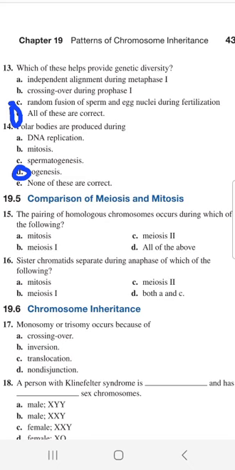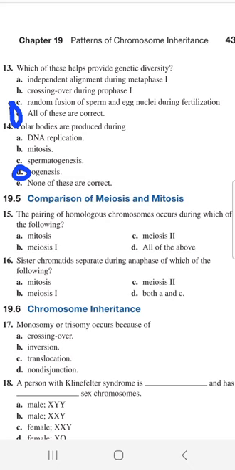Question number 15. The pairing of homologous chromosomes occurs during which of the following? Mitosis, yes. Meiosis 1. Meiosis 1 is basically the homologous pairs, yes.